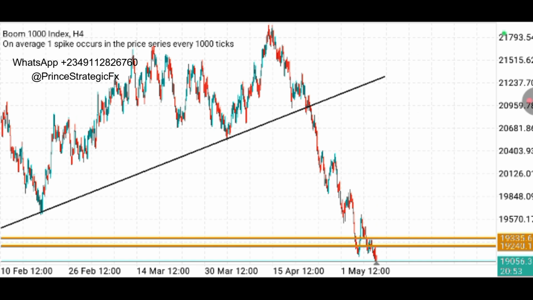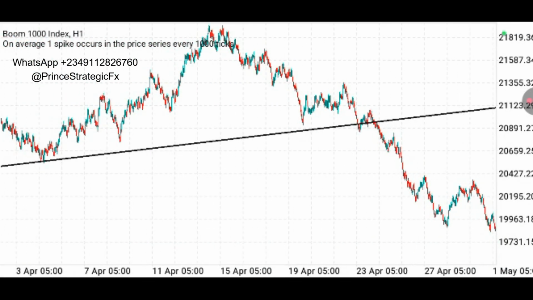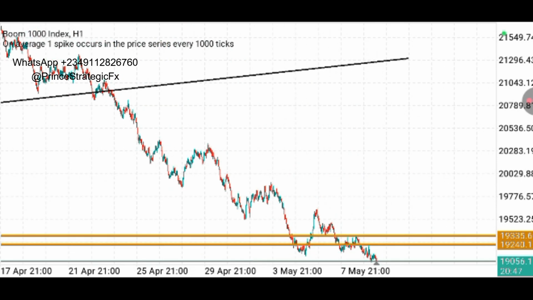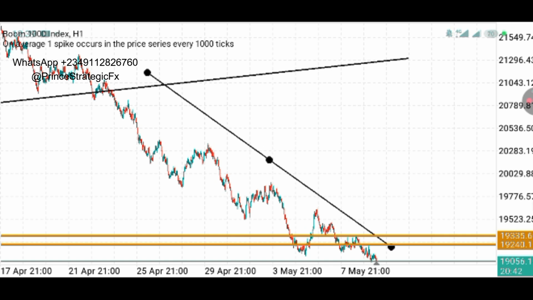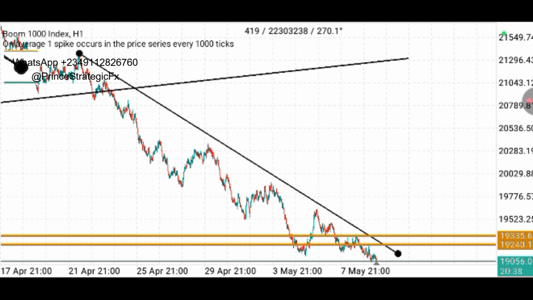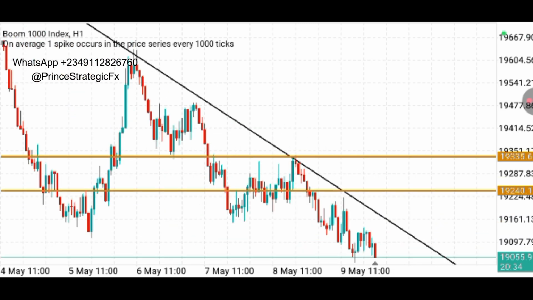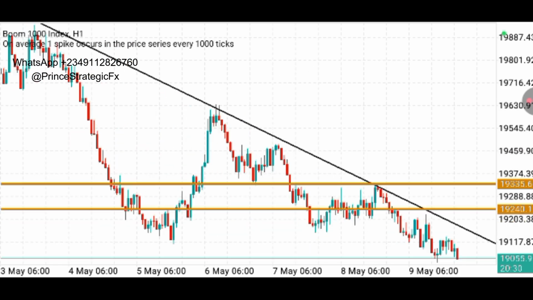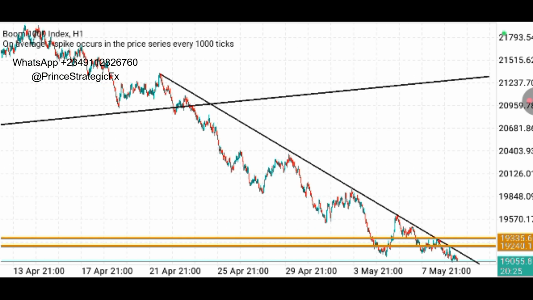I can also go to H1 to draw another trend line from here. Good. Now we've succeeded in drawing a perfect trend line.